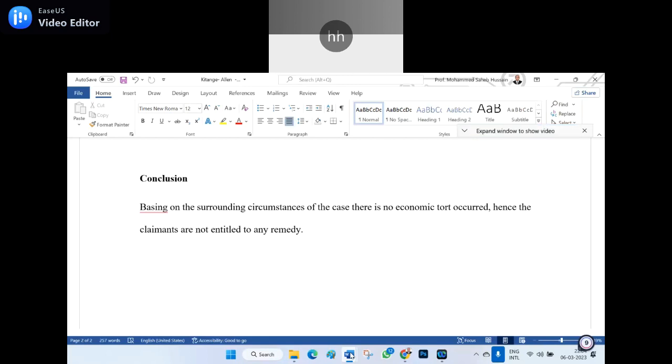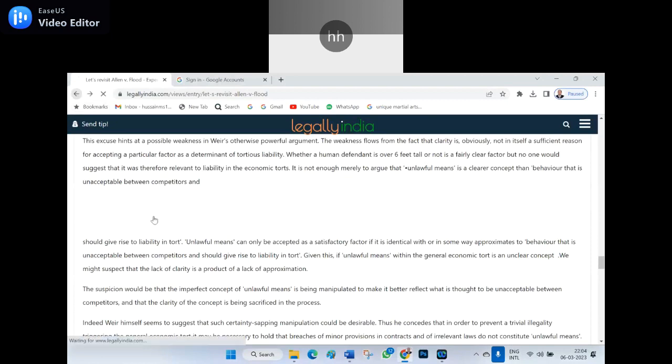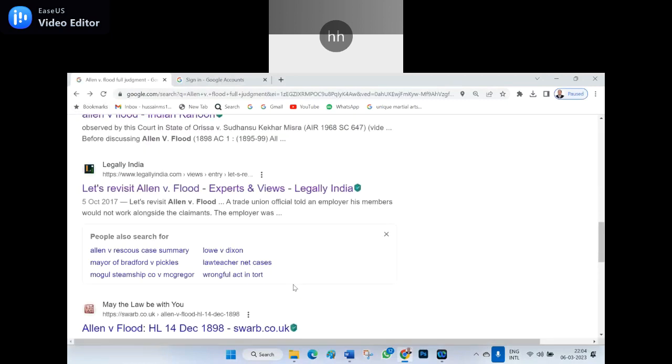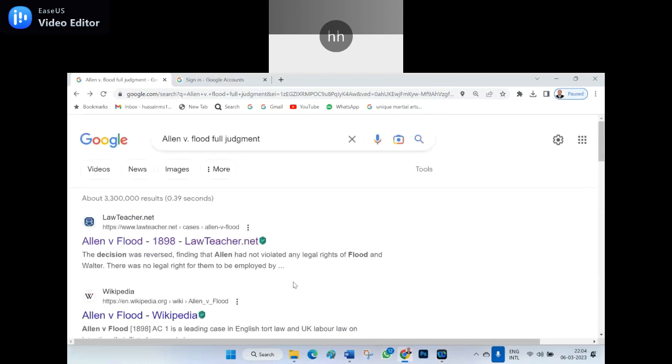Because the facts given in the so-and-so case law are not similar to the facts in our case in hand, hence the case law result will not be applicable. So you say it does not amount to the economic tort. Yes, now let me check it. Perhaps we may be right. If I check it in a summary, I could know it here.